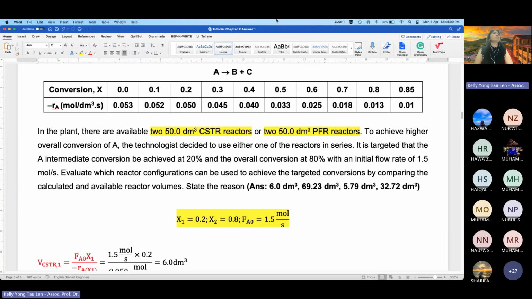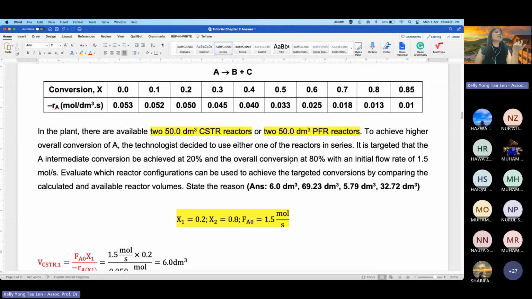To achieve higher overall conversion of A, the technologists decided to use either one of the reactor types in series. So now, to achieve the conversion that you desired, you have to decide: should I use 2 CSTR or 2 PFR?